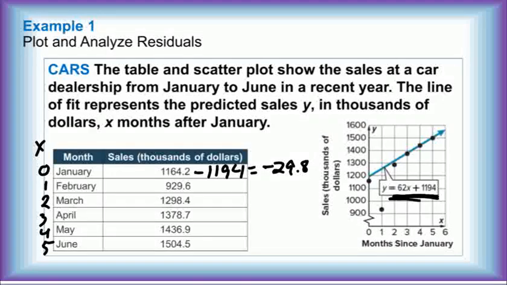So if I put a 1 in for x, 62 times 1 plus 1194 gives us 1256. So I subtract 1256 from here, and we would get an answer of negative 326.4.